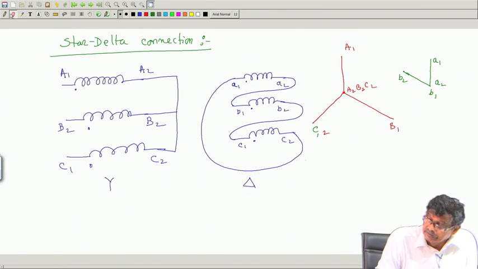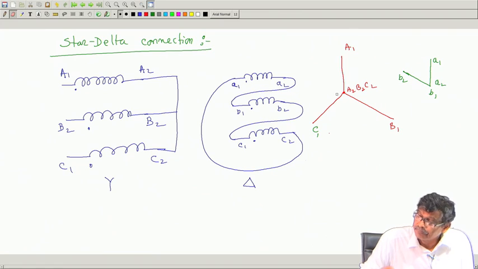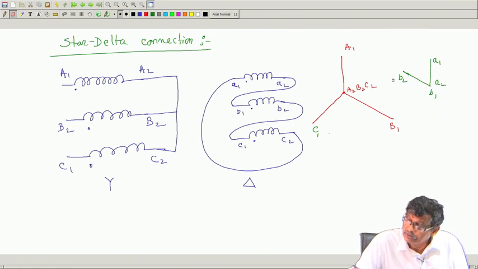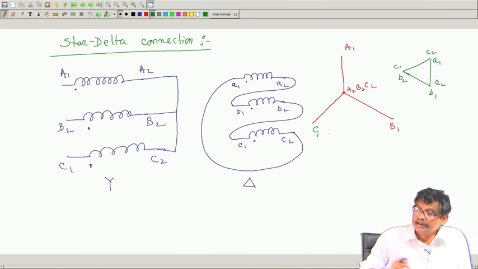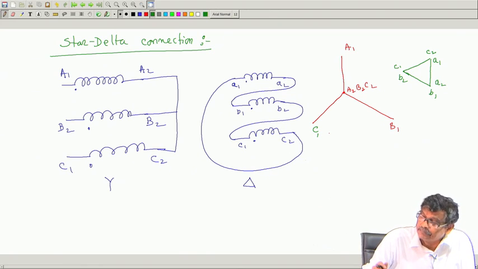Correct it. So, C1 C2 and C1 is connected with B2. So, you place this phasor here, C1 and C2, and secondary is delta, primary is star.